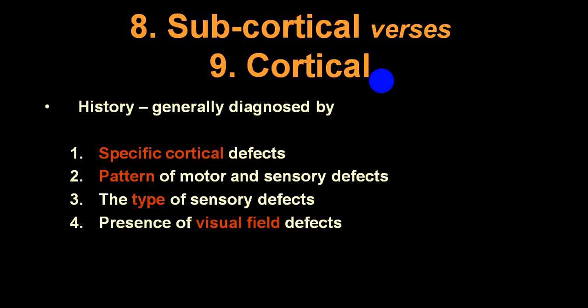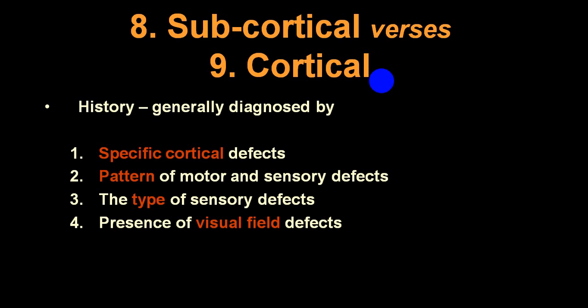So depending upon which portion of the cortex is involved, you will have findings. If you have Wernicke's area and associated area involvement, you will have agnosia, apraxia, alexia, etc. So this is what you will see in cortical involvement. You will also have higher sensory function involvement like localization, discrimination, two-point discrimination, stereognosis.